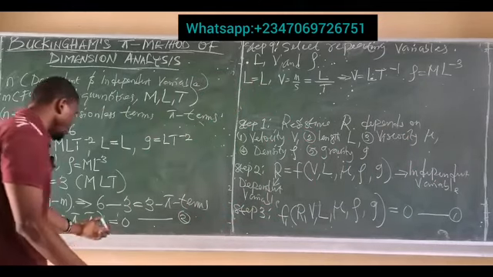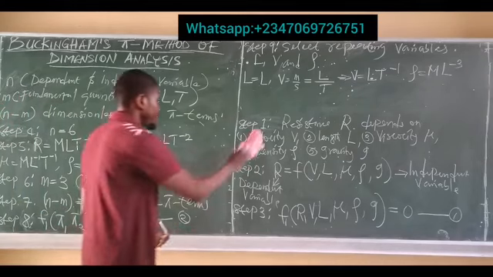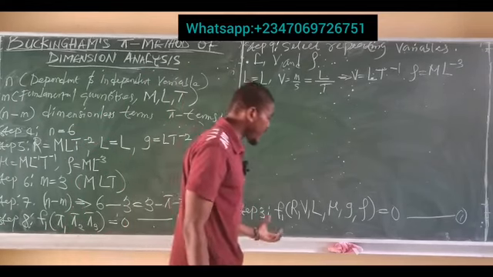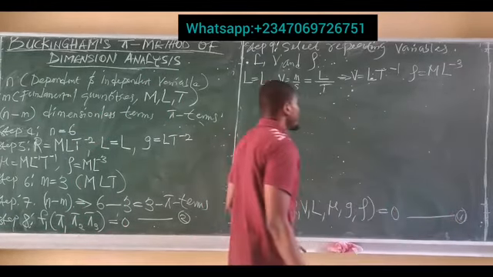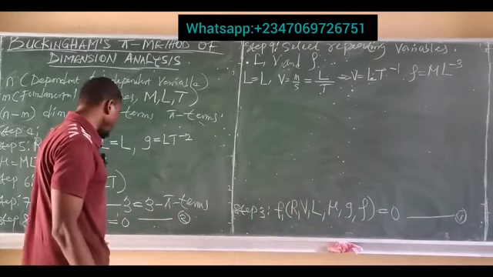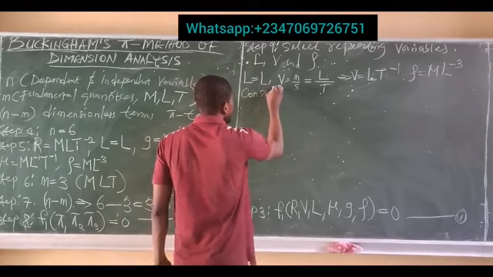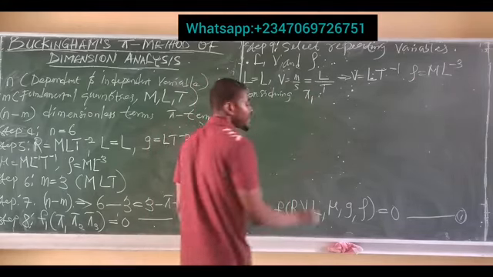This is our fundamental equation. We are now solving for pi 1, pi 2, and pi 3. All right. So please just mind this equation 1. We need to start solving for the pi terms. So let's start by considering pi 1, the first pi term.